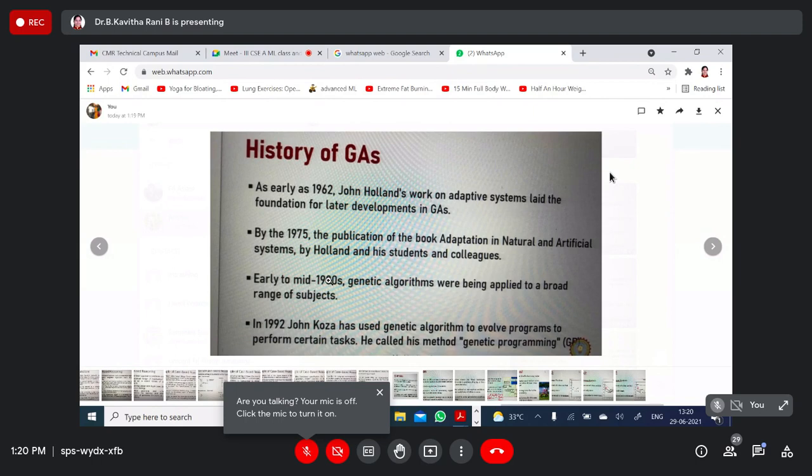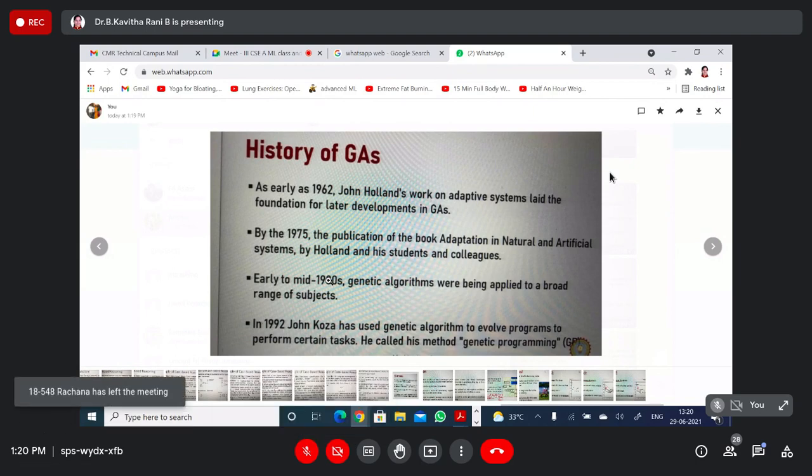In the early to mid 1980s, genetic algorithms were applied to a broad range of subjects.